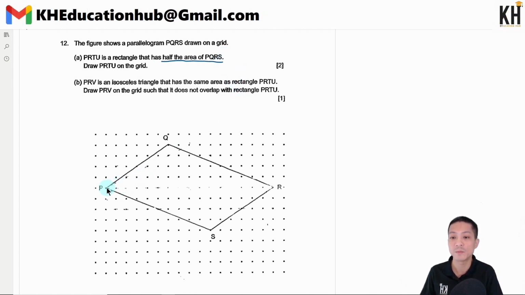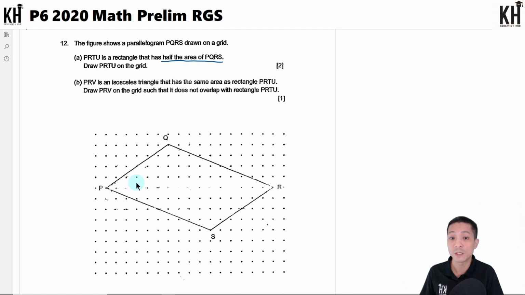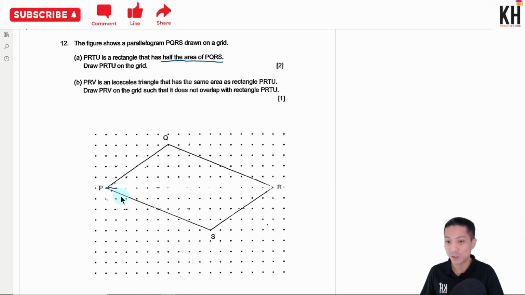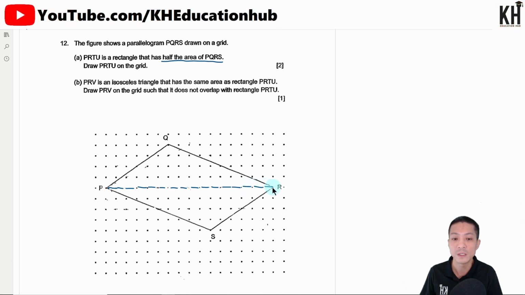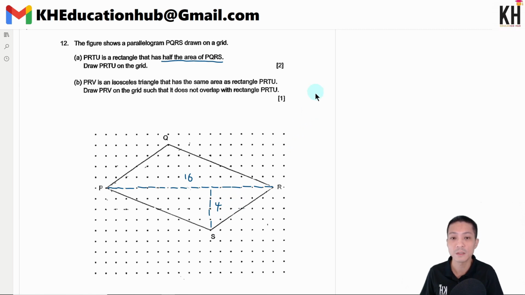Half the area will be basically the area of this triangle over here, right? To find the area of this triangle, let us use one gap over here as 1 cm, or 1 unit. So there's a total of 1, 2, 3, 4, 5, 6, 7, 8, 9, 10, 11, 12, 13, 14, 15, 16. There's 16 of them here. The height will be 1, 2, 3, 4.